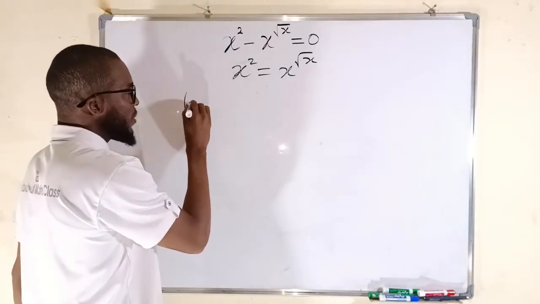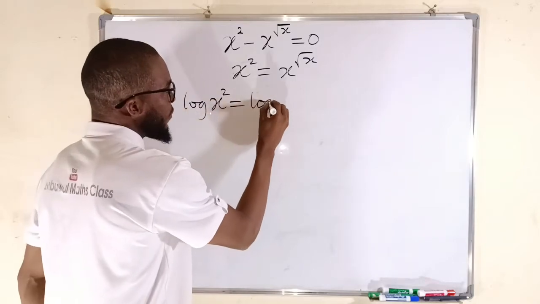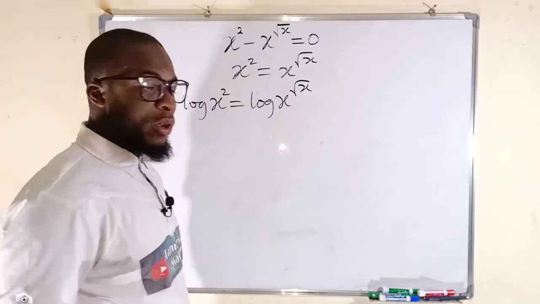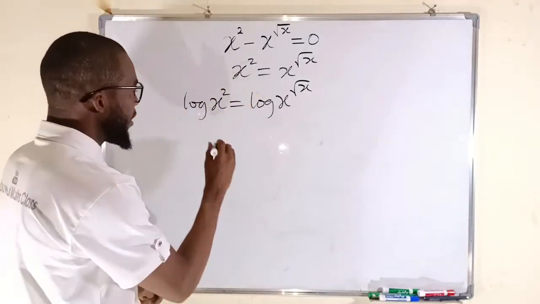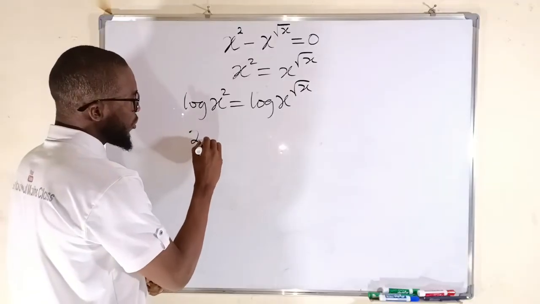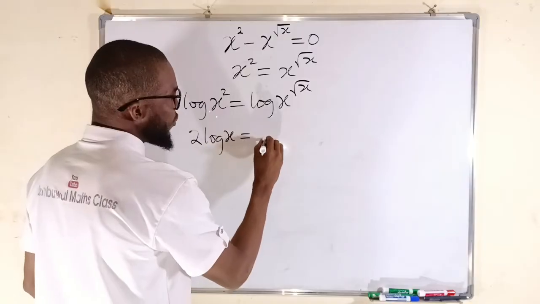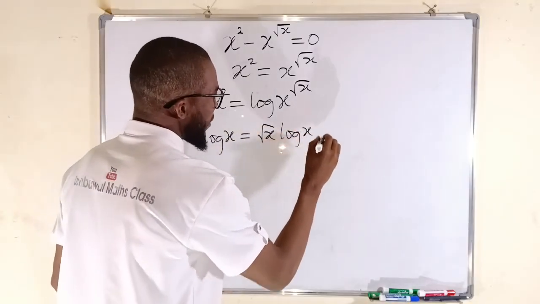We have log of x squared must be equal to log of x to the power of square root of x. According to one of the laws of logarithm, we can bring these powers down to multiply. This is 2 multiplied by log of x, right? This must be equal to square root of x multiplied by log of x.